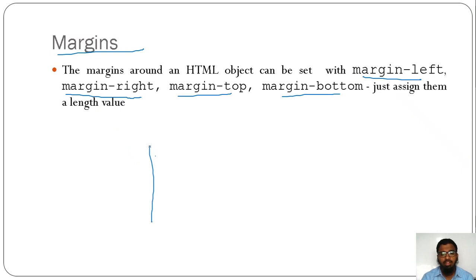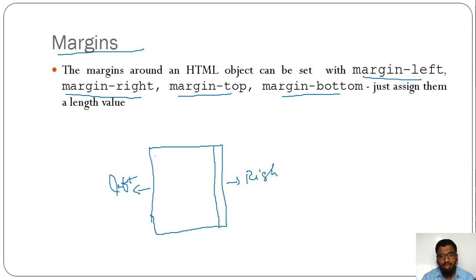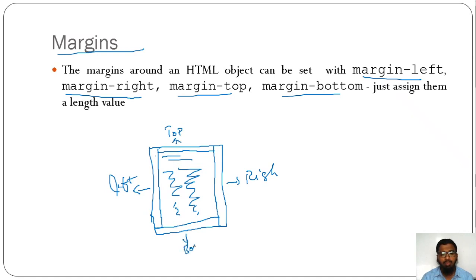If we have a page like this, this will be the left margin and this will be the right margin. Right margin means you need to give some space in this whole page. We are writing the content of the data here, we are not writing here. So left, right, top, and bottom. So this is about the margin.